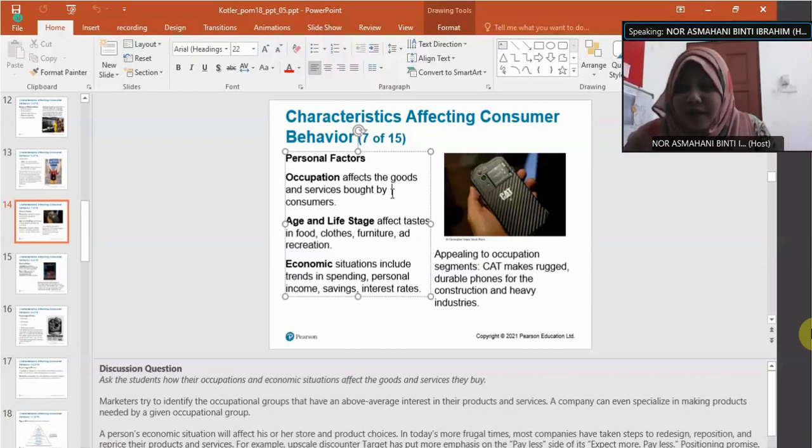Tapi during inflation dan sebagainya, apabila berlaku ketidakstabilan, maksudnya ekonomi, and then some of them didn't get good pay dan sebagainya, marketers change the plan. They reprice the product, they redesign, they reposition the products.